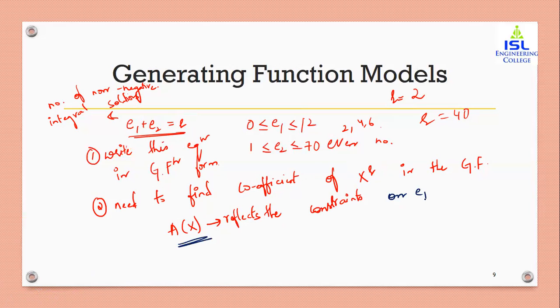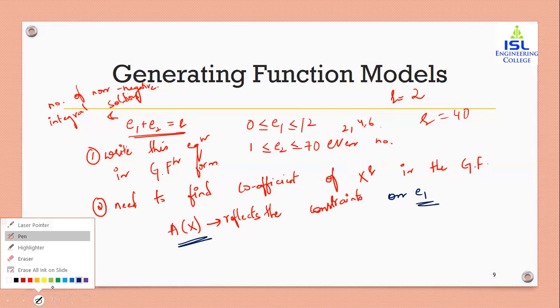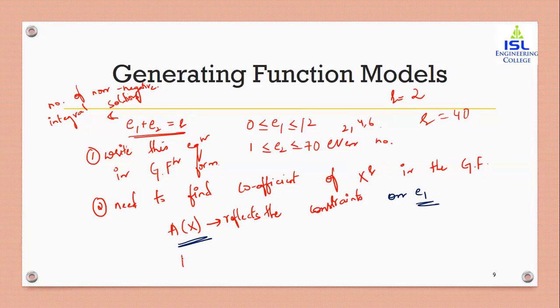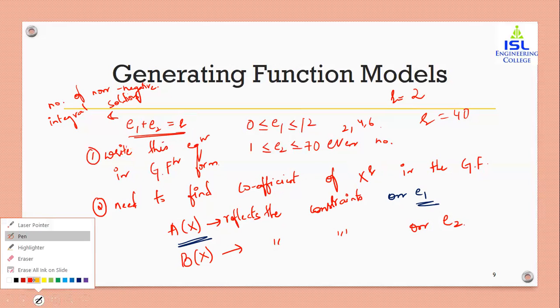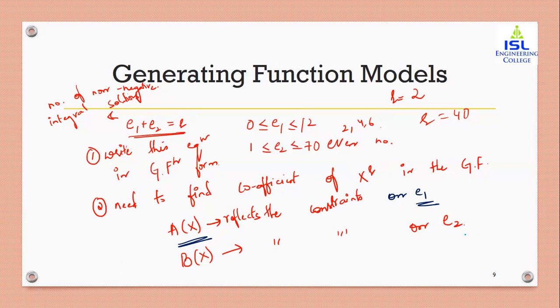A of x is reflecting the constraint on E1, while we take another generating function b of x, which reflects the constraint on E2. Whatever constraints we have on E1 and E2, we consider two different generating functions. If we have E1, E2, E3, we will consider three generating functions. This is the way we are considering.